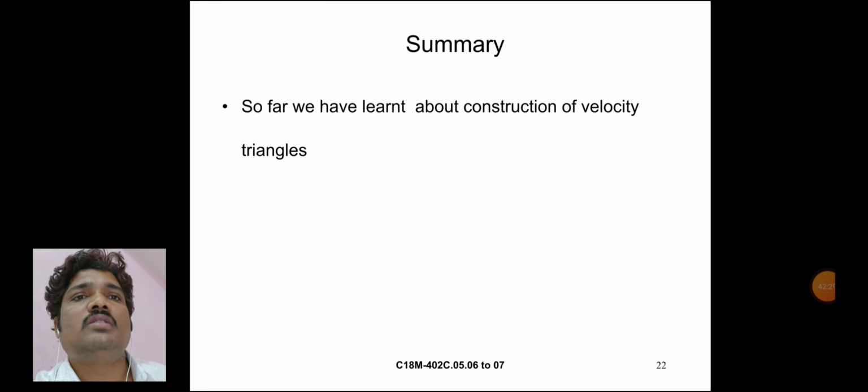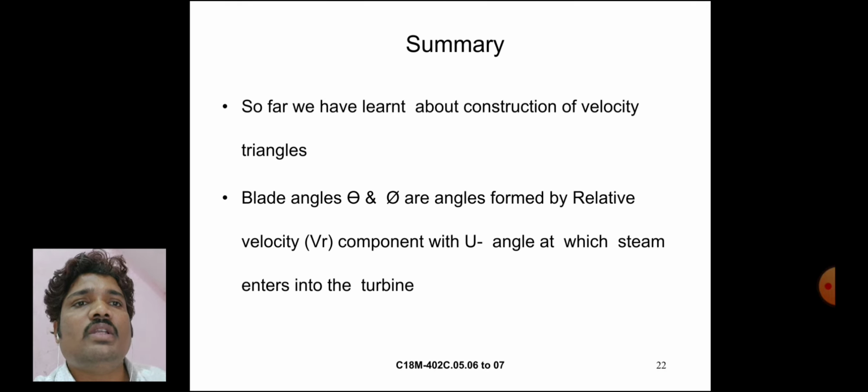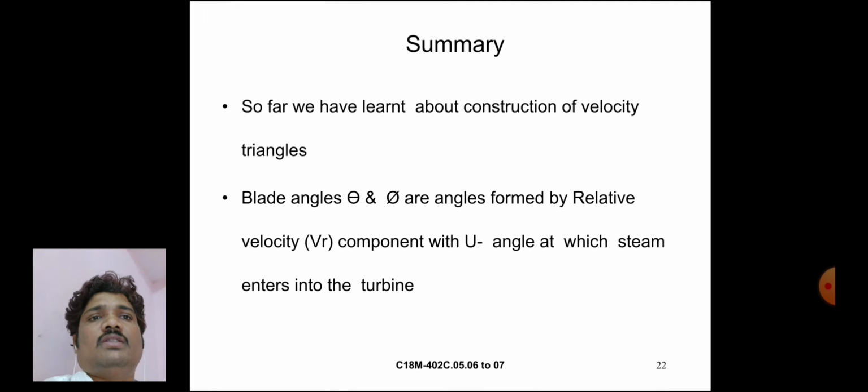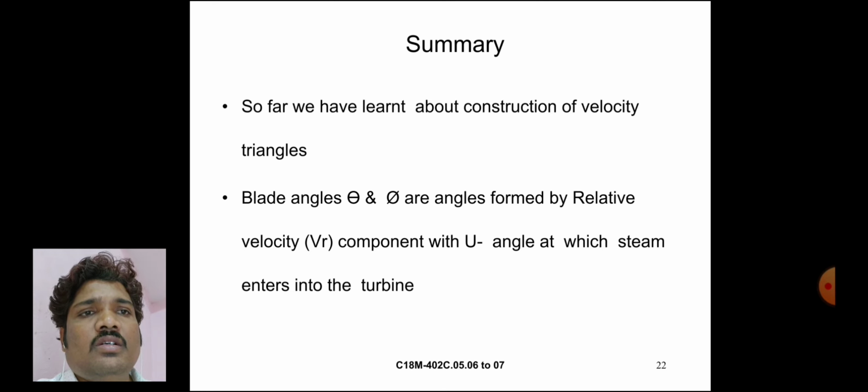Summary. In this class, so far we have learned about construction of velocity triangles. Blade angles theta and phi are angles formed by relative velocity component with u. Alpha is the angle at which steam enters into the turbine.